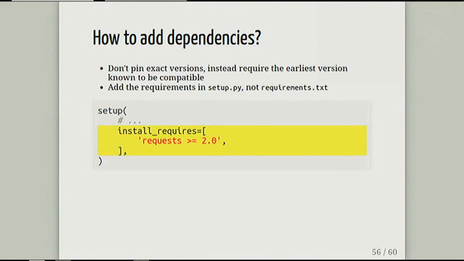Add your dependencies to the setup.py file, in install_requires. Try to use the minimum version that you know will work with your code, and do not specify an exact version like 2.3.4, for example.